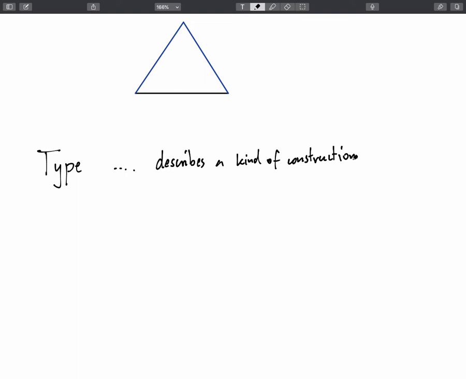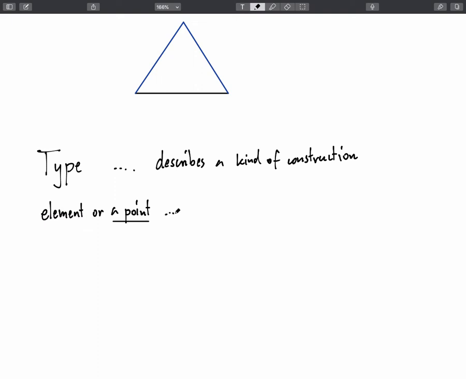Now, when you construct something, what do you get? Well, the thing you get is some sort of a mathematical object. We have to pick a name. So the name is, we're going to call it an element or a point. I'm going to stick almost exclusively with a point, but many people call it element.